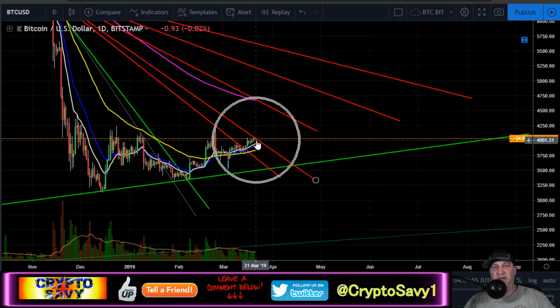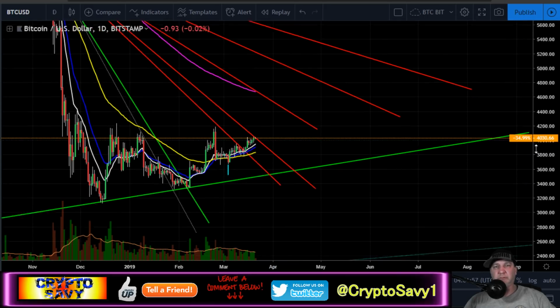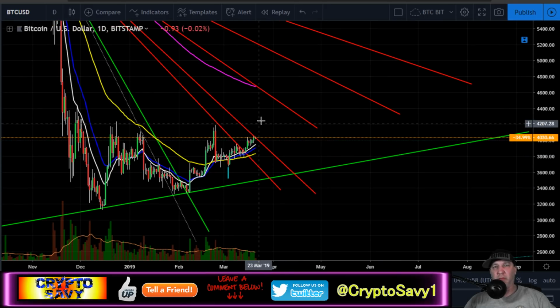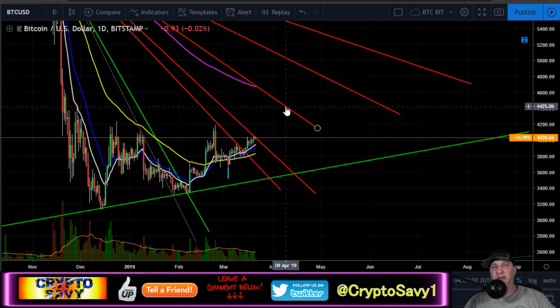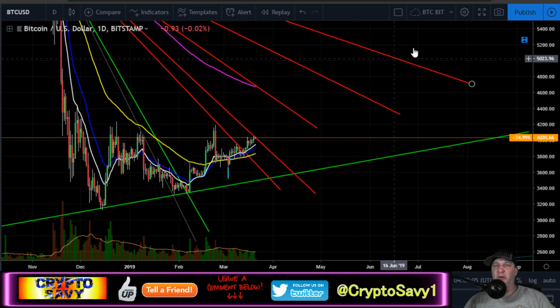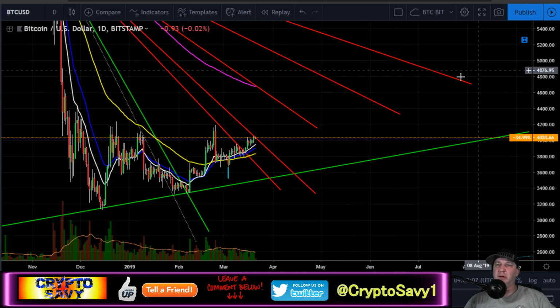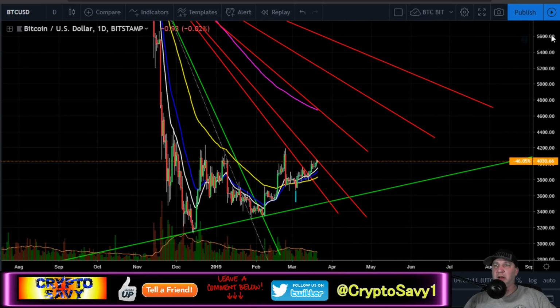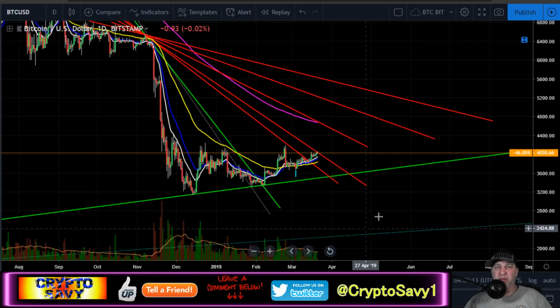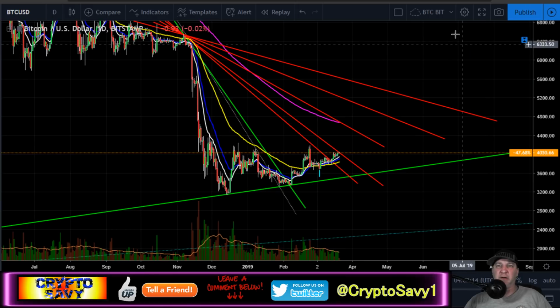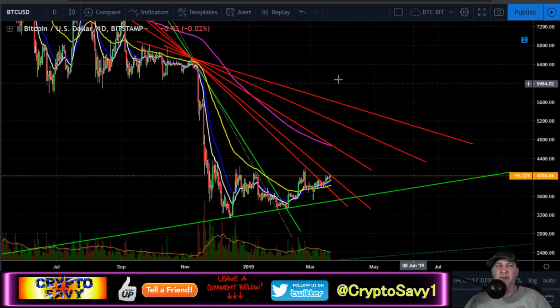Now we're testing this one. If we were to break up through this one, we may come up. There could be a lot of bouncing around, but then we come up to test this one, I believe, and so on and so forth. And that just starts a gradual run up and eventually turns us back into a bull run somewhere in here. So that's what I'm looking at now.